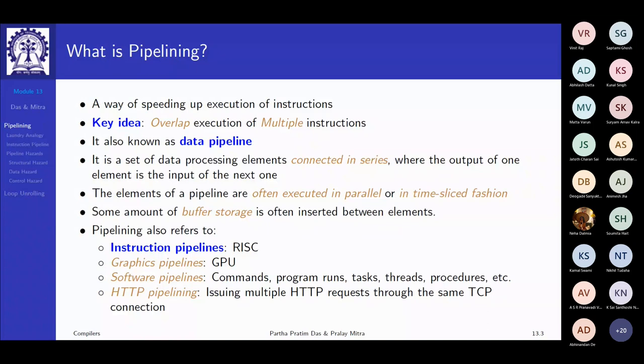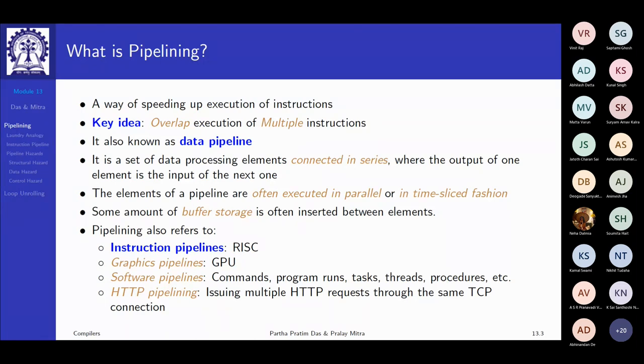When we talk about pipelining, it refers to a variety of pipelining concepts, where we will primarily be focused on instruction pipelining, which is a basic feature of most of the RISC processors today. Besides that, GPUs have a graphics pipeline.